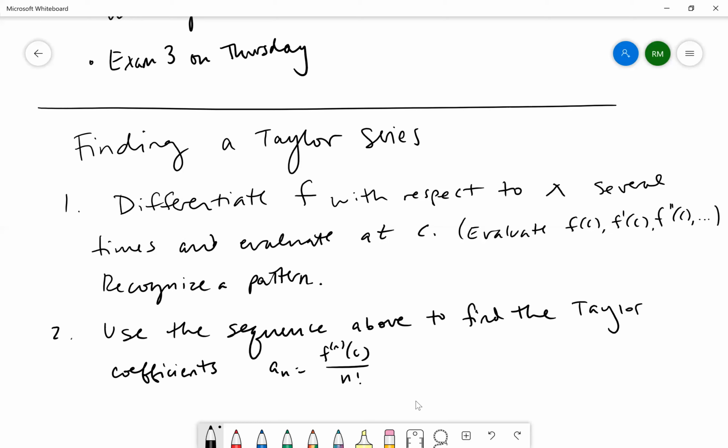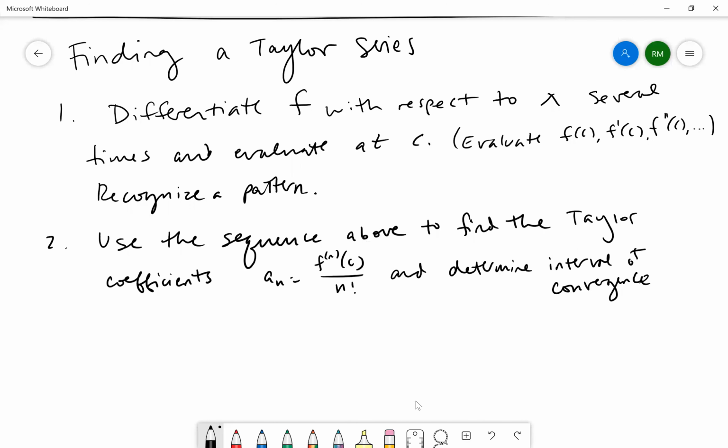And you want to determine the interval of convergence. Last but not least, we need to determine whether the series converges to f.